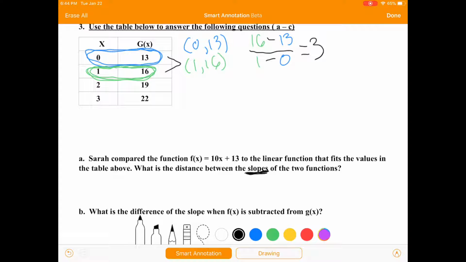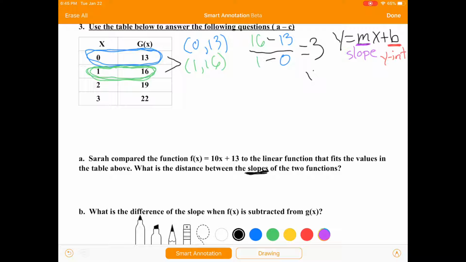Now, that is going to be substituted into our slope-intercept form. Our slope-intercept form is y equals mx plus b, where m is our slope and b is our y-intercept. So we're going to substitute this in.